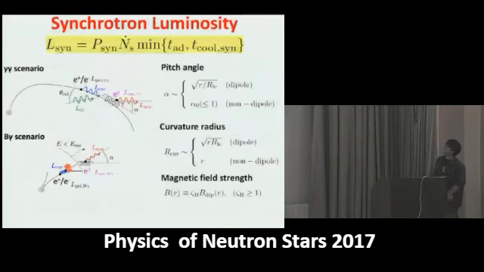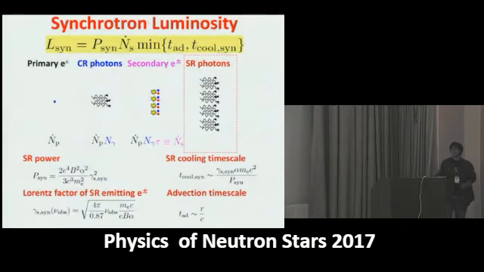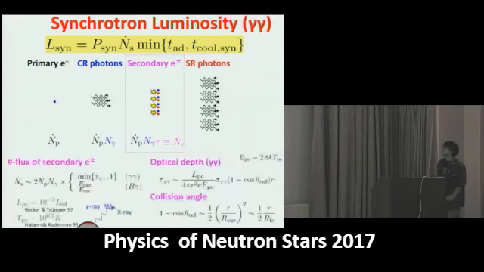Yes, we use a static dipole. So you have just introduced a parameter to describe the enhanced pair opacity and pair yield, as opposed to modeling it directly with the field line structure at high altitudes. Is that correct? The optical depth is here.